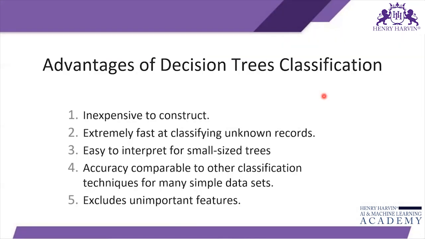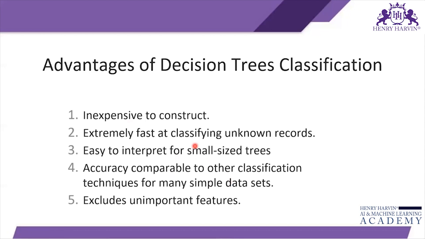So the advantages of decision tree classification: inexpensive to construct, extremely fast at classifying unknown records, easy to interpret for small sized trees, accuracy comparable to other classification techniques for many simple data sets, and it excludes unimportant features.